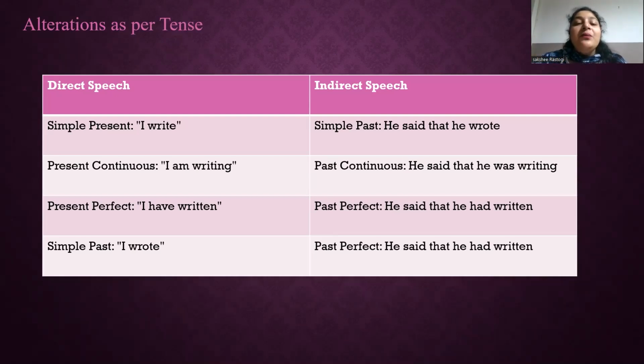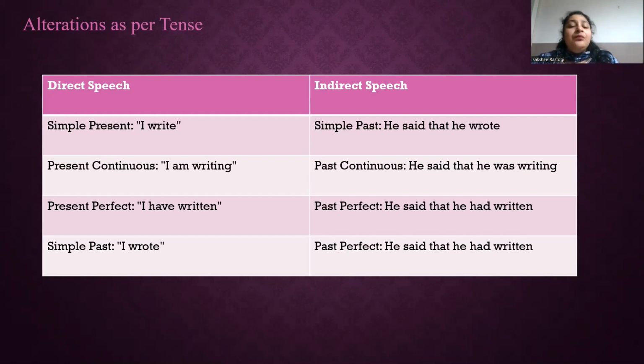When the reporting verb is in the present tense, the original sentence remains the same. Past tense, original sentence changed to past perfect tense. Future tense, original statements or sentences changed to future perfect tenses.